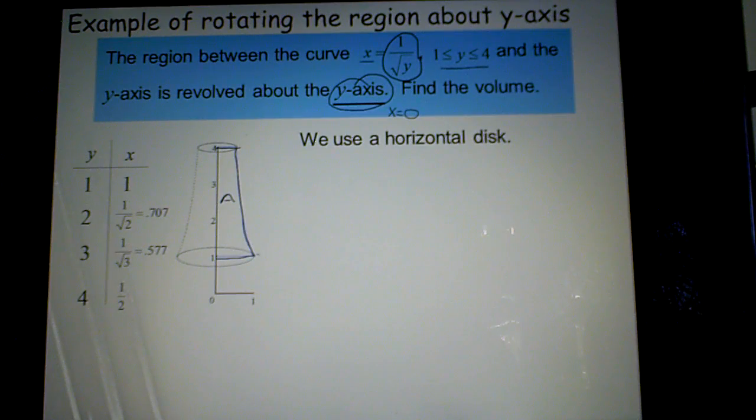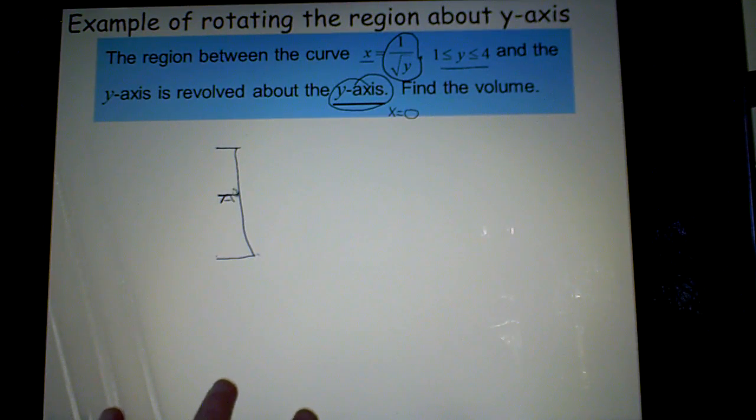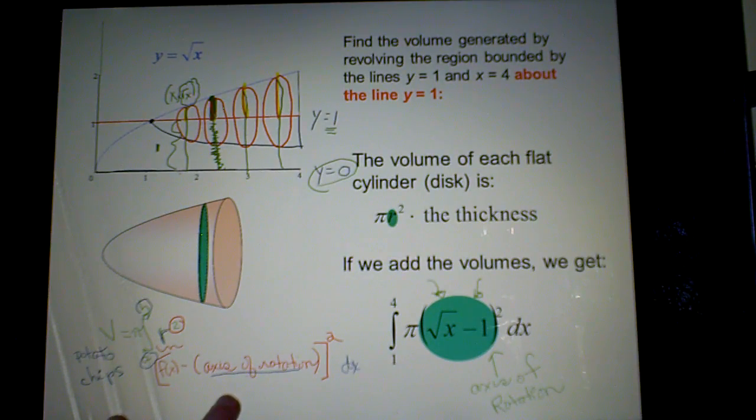Notice this time, the representative disk or potato chip is horizontal, perpendicular to the axis of rotation. So go again back here. Notice here, my representative strip is perpendicular to the axis of rotation.